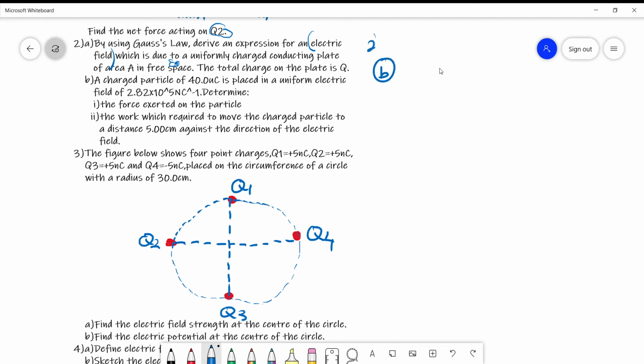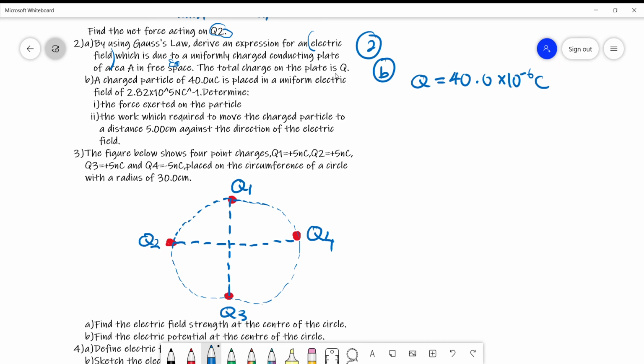So this is still question number 2. A charged particle of 40 mu coulomb, where mu is times 10 to the power negative 6 coulomb, is placed in a uniform electric field.